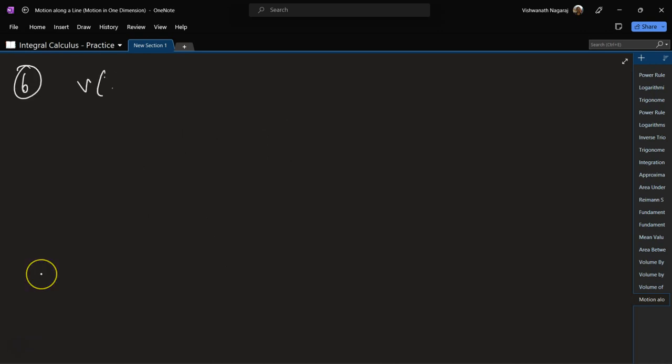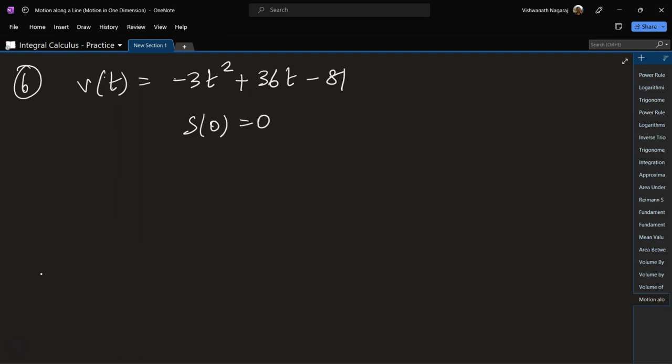Sixth one, v of t is equal to minus 3t square plus 36t minus 81, and s of 0 is equal to 0.